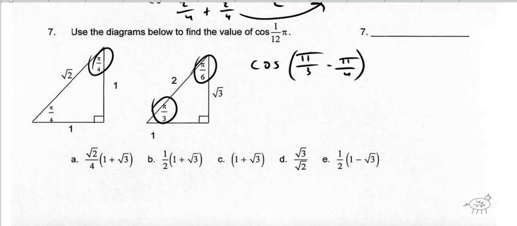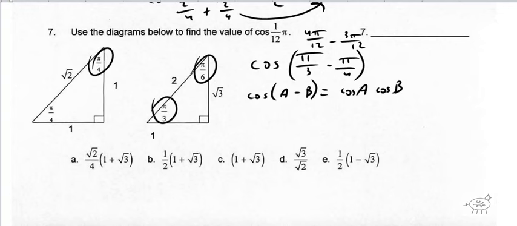Because that's really saying 4 pi over 12 minus 3 pi over 12, which is 1 pi over 12. And so you got to know cosine of a minus b is cosine of a, cosine of b, plus sine of a, sine of b.